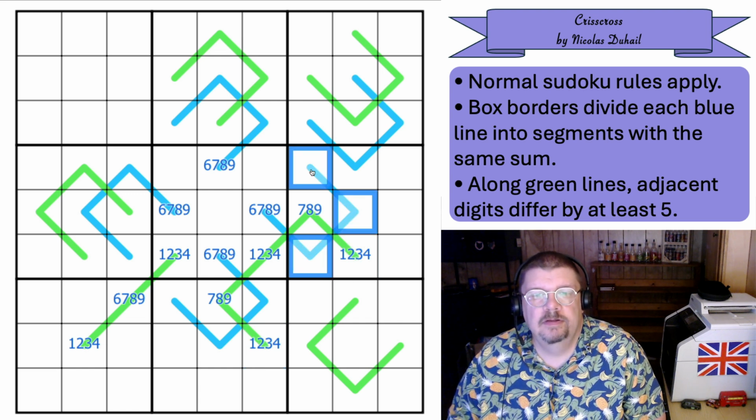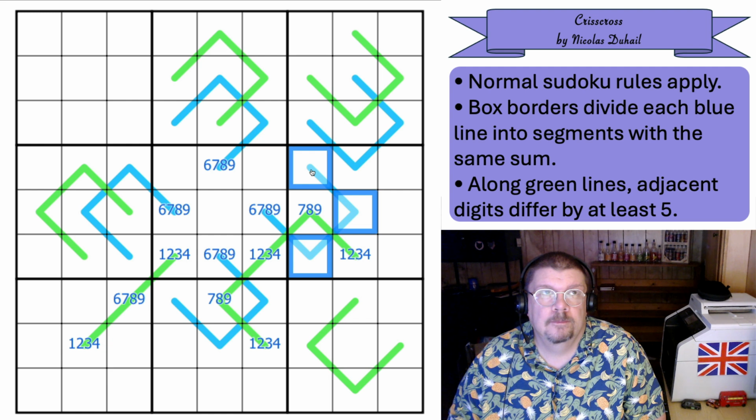These blue lines have to have at least 2 digits from 1, 2, and 3. Because if they didn't, then the minimum would be 3, 4, 5, which would be more than 9.